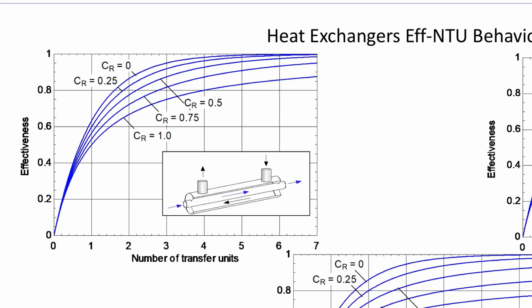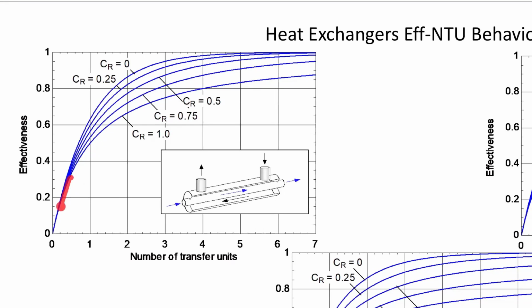So what do we see here? This is a counterflow arrangement. And so you see down here, if it's a really small heat exchanger, they all kind of look about the same. And then as you get larger and larger, you start to differentiate a little bit based on the capacitance ratio. So if I have a perfectly balanced heat exchanger, C dot H equals C dot C, that's going to follow this line here.